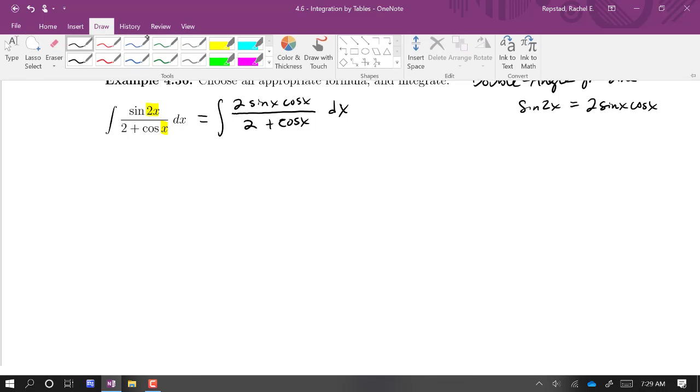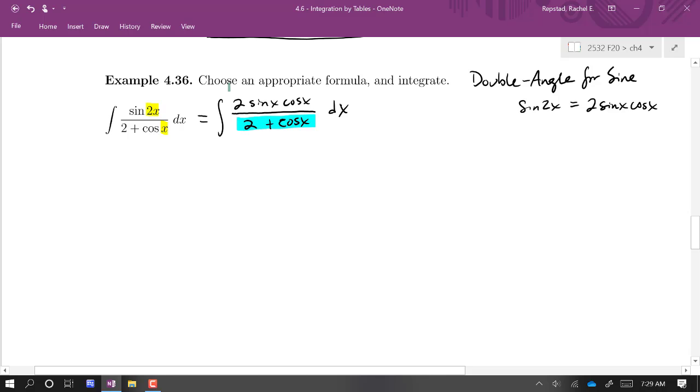Like look at what we have in the bottom here, 2 plus cosine x. I could look at forms that involve a plus bu, and then think, well, okay, then maybe up top I'll have a u and a du. I've got that factor of sine, and as long as I throw in a negative, then that could be my du. So I'm going to look at the table for forms that involve a plus bu.